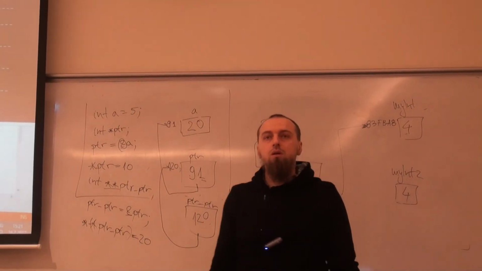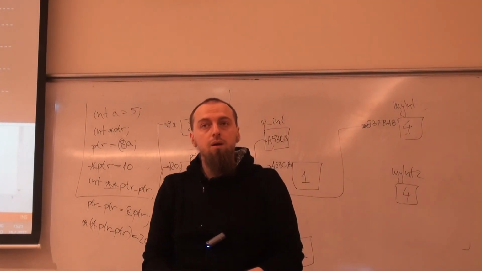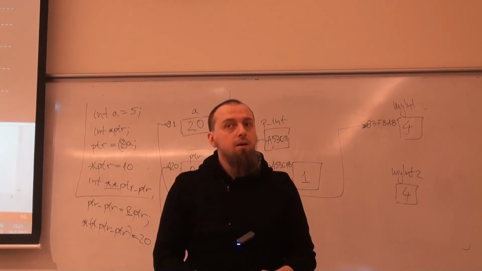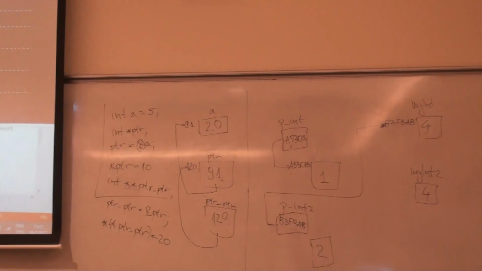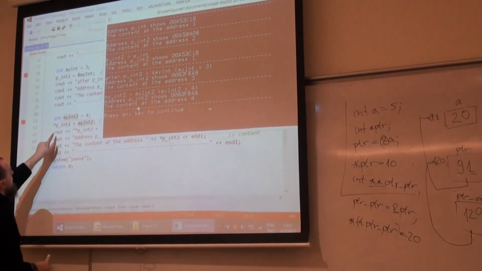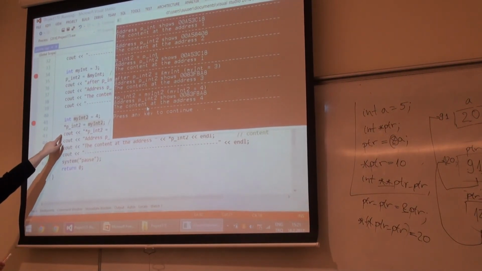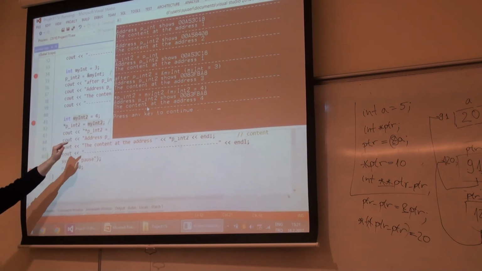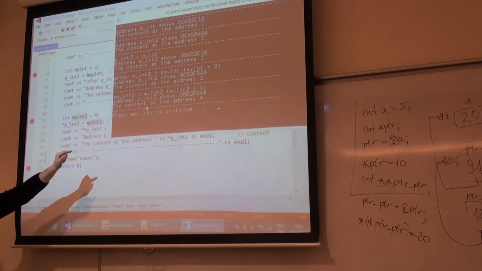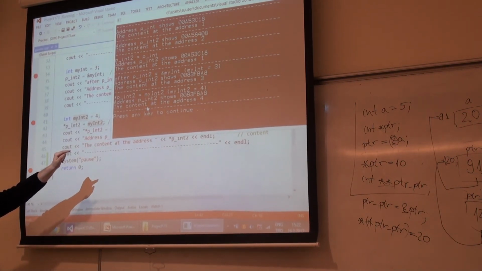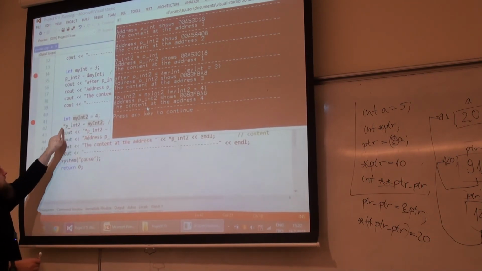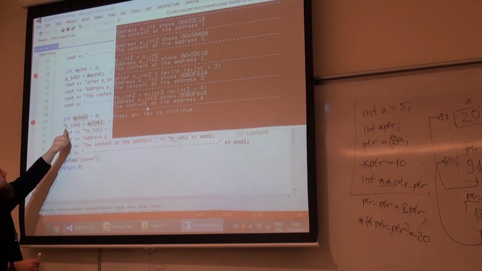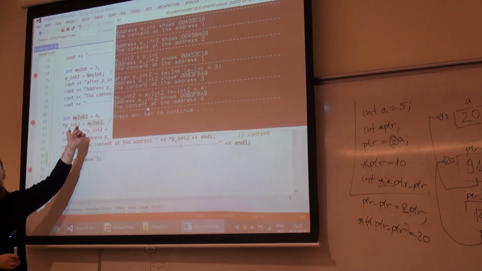Any questions? So you said the value of my int is 4, but isn't the star pint2's value changing to 4? If I say A is basically the value to which the second pointer points is being changed.